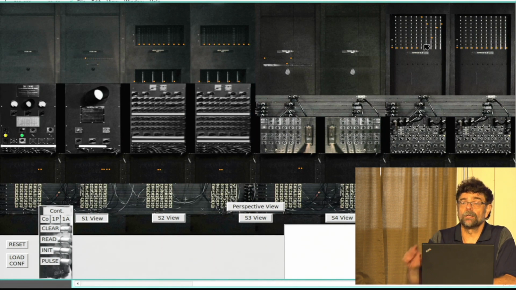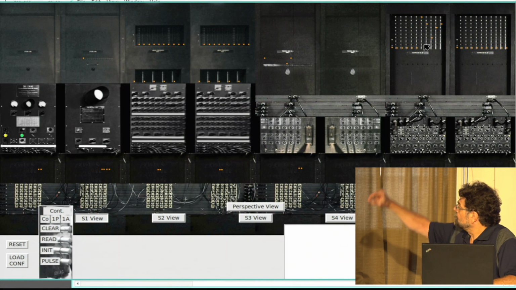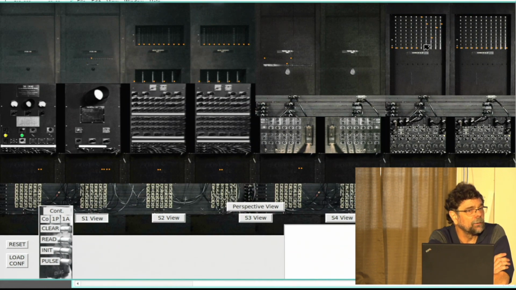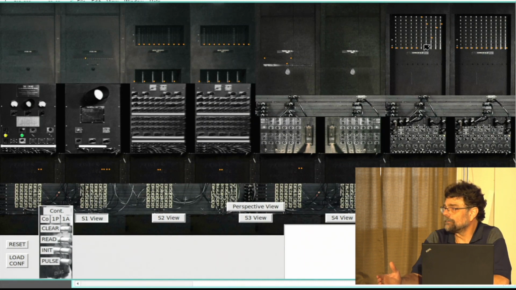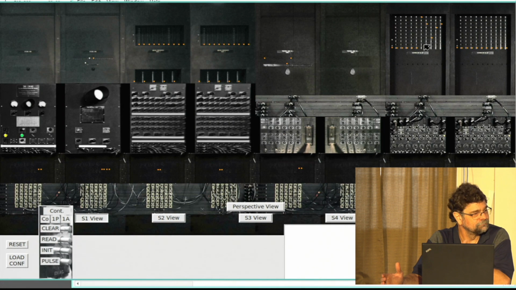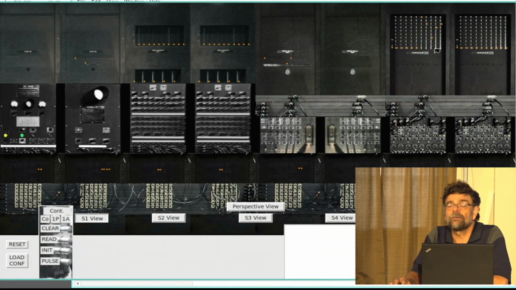Each column is 1 decimal digit, and the position of the orange dot, there were neon lamps, is the value of that digit. It's not real easy to see. If you've ever worked with neon lights, you're just pretty accurate in that regard. So this has the number 97,467.